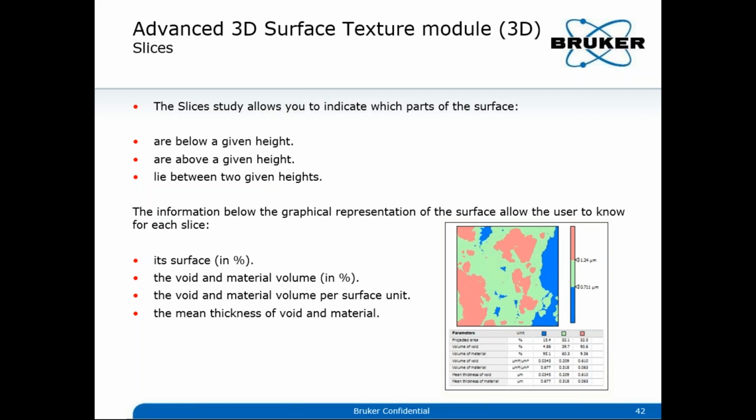Then you can report the volume and the area, in terms of percentage or the actual volume per surface unit. So this is a good surface study for surface texture.